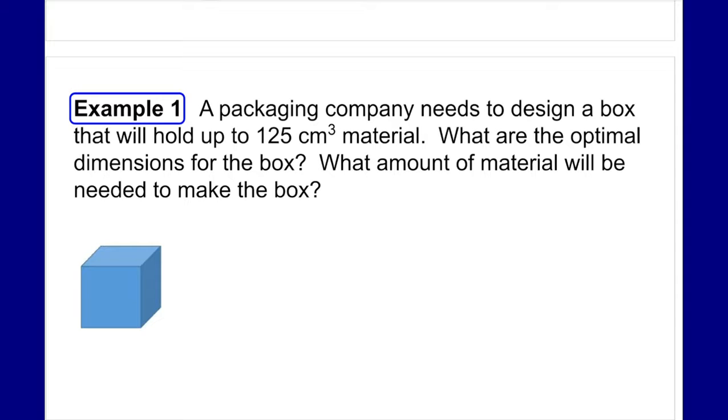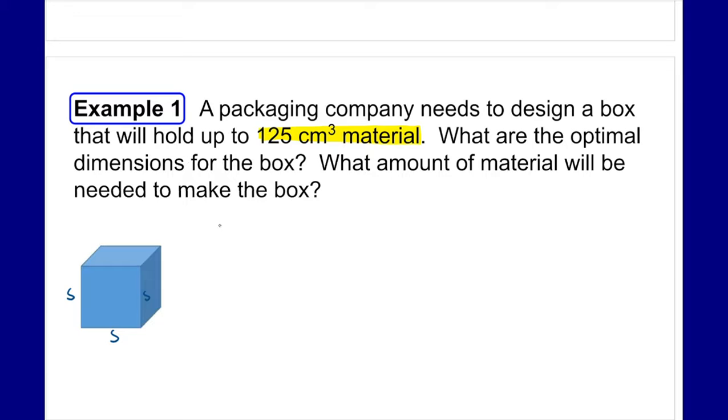Well, because we know that it has to be a cube, all the dimensions need to be the same. So we can think about how we can find out what those dimensions are. We are given a piece of information: we are told what it needs to hold, or the volume it needs to have.